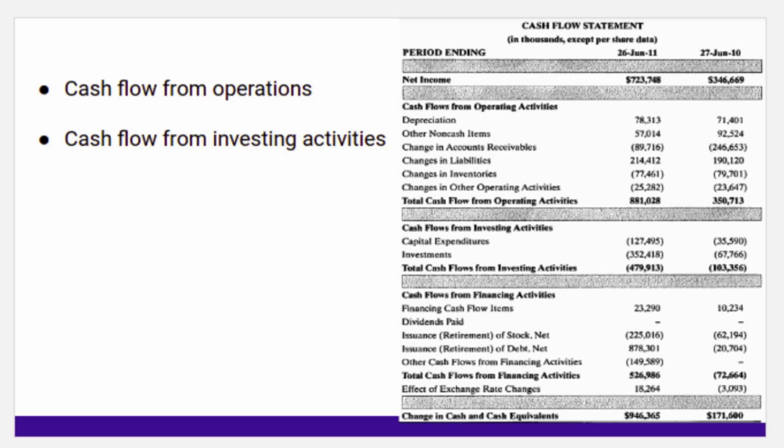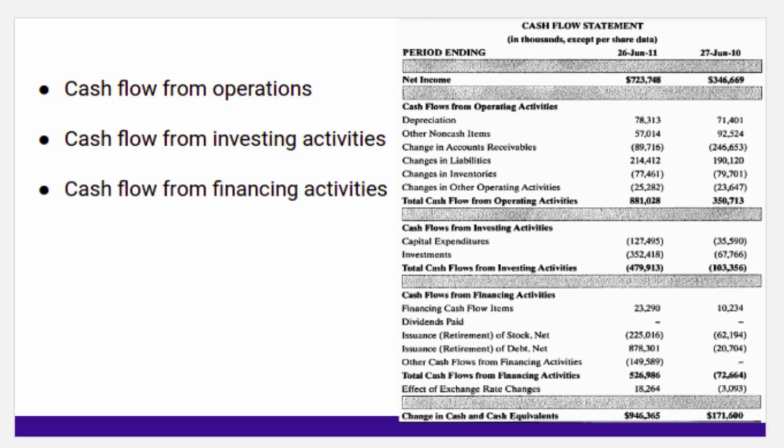It made $352,418 worth of investment during the period. The net cash flow used from these investing activities amounted to $479,913, which means that there was an outflow.